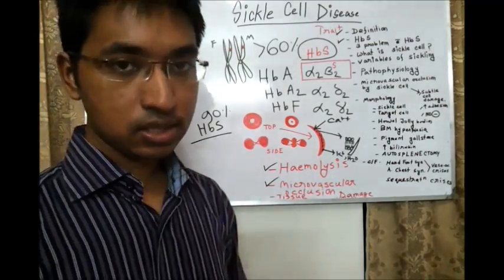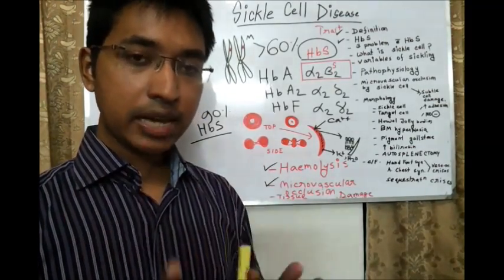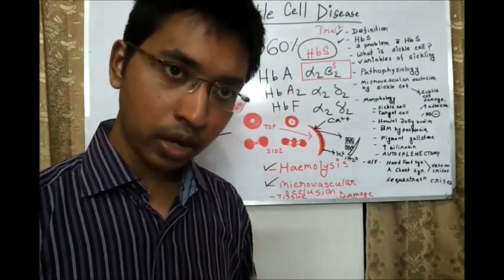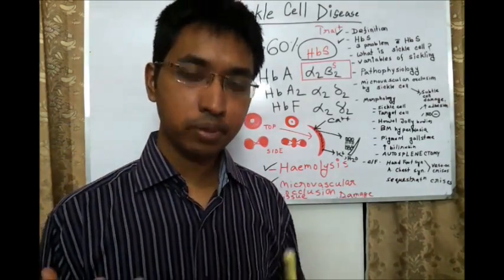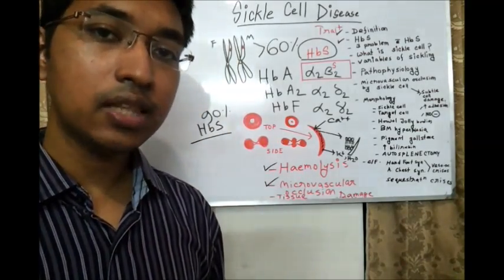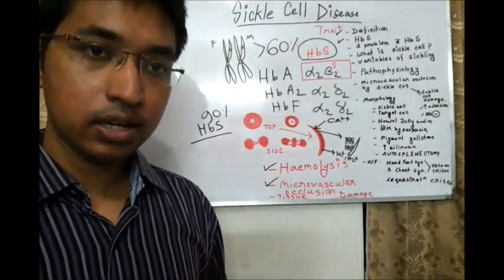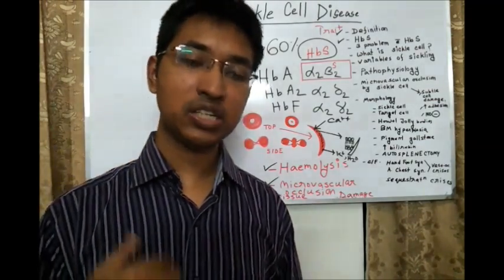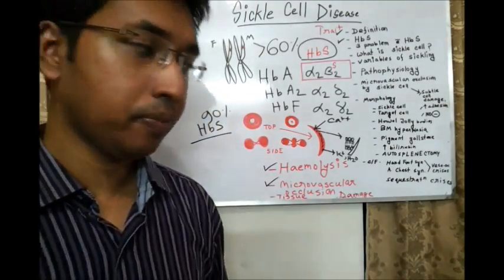So with hemolysis, we know our bone marrow is the main site of hemopoiesis, or blood cell production. As the bone marrow realizes that we are losing blood cells rapidly, it will try to compensate. And the only way the bone marrow will compensate is by increasing its production, and in order to increase production, bone marrow will increase its cells. There will be bone marrow hyperplasia.